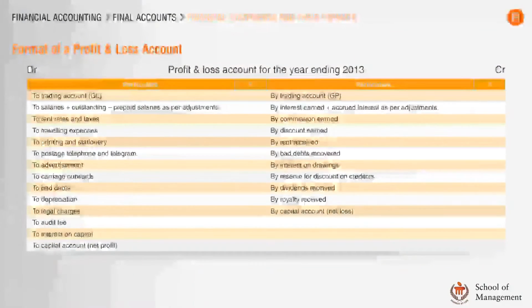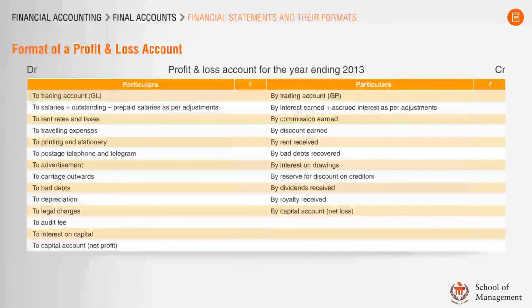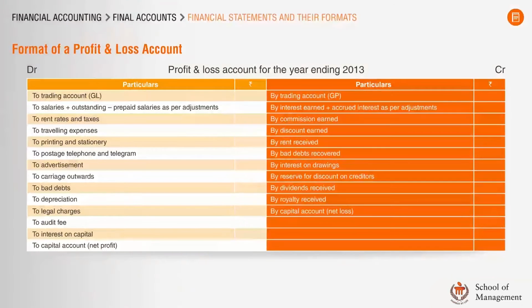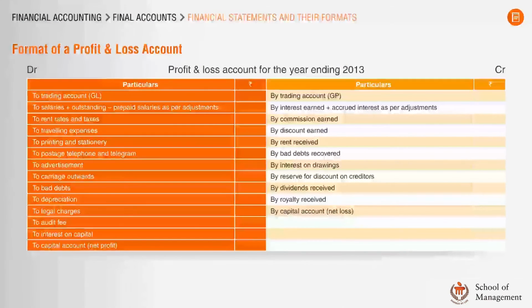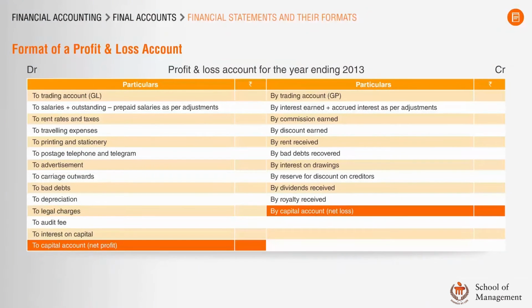The format of the P&L account is shown on your screen, and you can see that it has the gross profit and all non-trading revenue items on the credit side. The indirect or the non-operating costs of running the business are recorded on the debit side of the P&L. As you can see, the difference between both the sides is recorded as net profit or net loss.